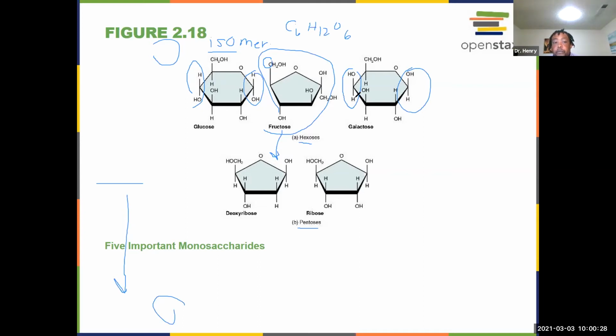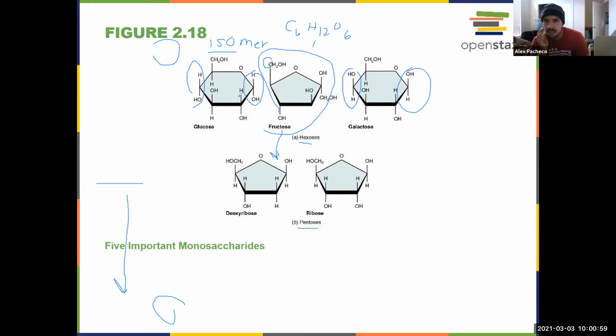So these guys behave differently in your body, right? Glucose is the ideal form. Fructose has to be modified to be changed into glucose, so it takes a little extra to utilize fructose. You use a little more energy for the utilization of fructose. So that's also why doctors say, hey, eat fruit.